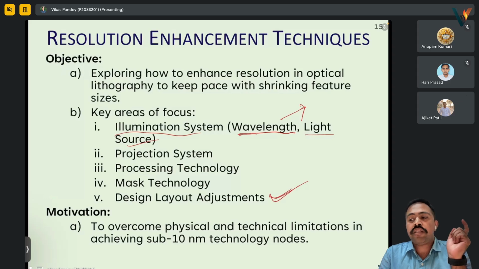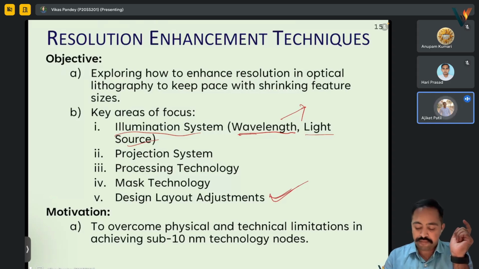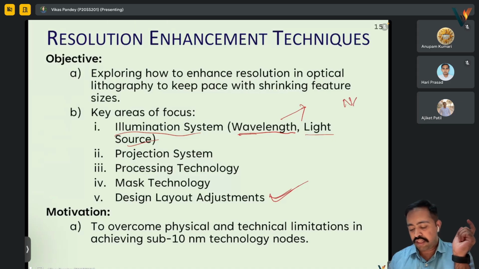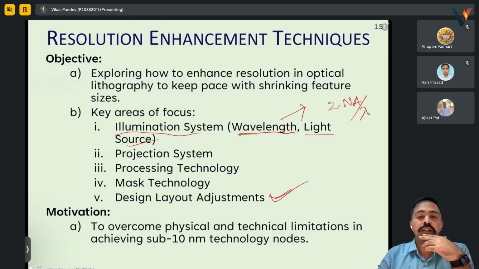What is the relation? Resolution is inversely proportional to lambda. Yeah, so NA upon lambda. Is it correct? Yes, I think 2 is there. Yeah, 2NA upon lambda. Sometimes 2K NA upon lambda is used.